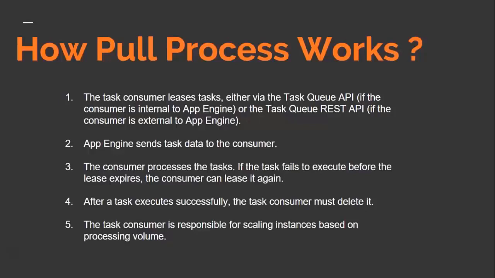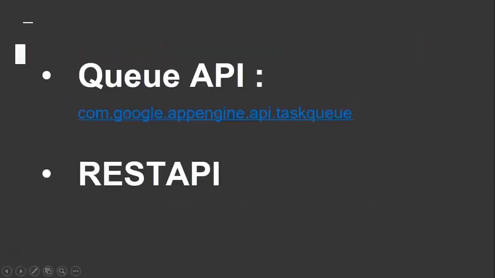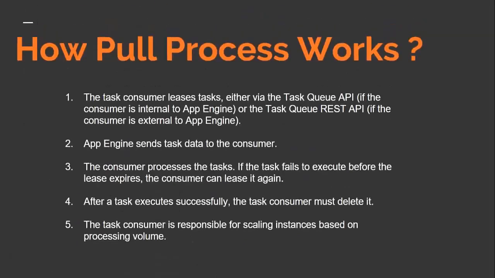So if your task consumer is part of your App Engine application, you can manipulate tasks using simple API calls from the com.google.appengine API task queue package, or a task consumer outside of App Engine can pull the task by using the task queue REST API. So the process works like this. The task consumer leases a task either via the task queue API or the task queue REST API.